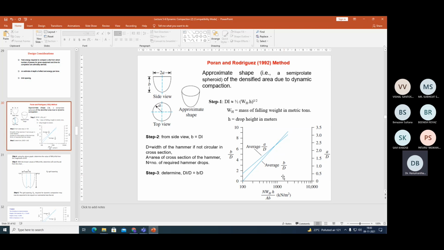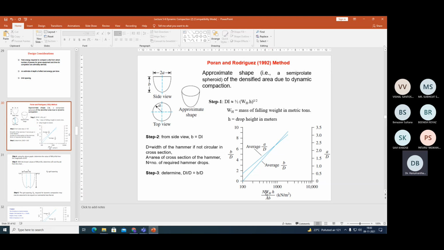So based on the B by D, if I pick up the value from the x-axis and equate to NWH by AB, I am able to calculate the N value. But this N value shall be a non-decimal value. So therefore, determine the N and round it up to some particular value.